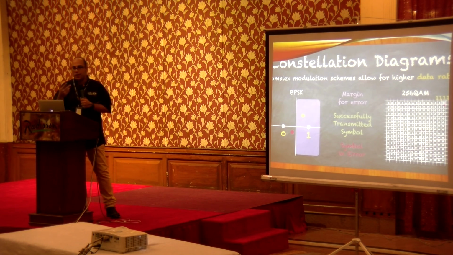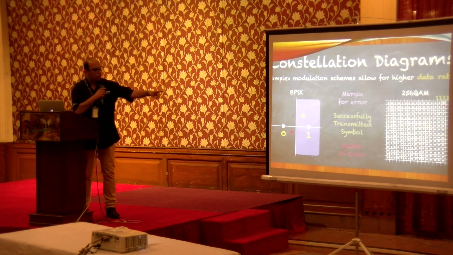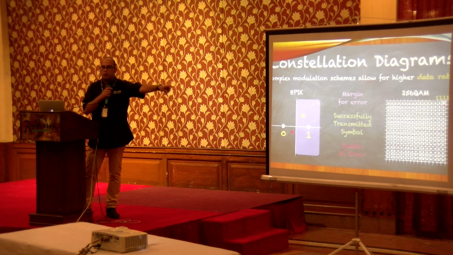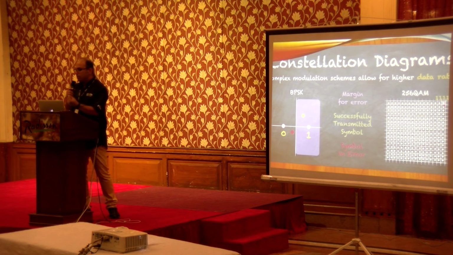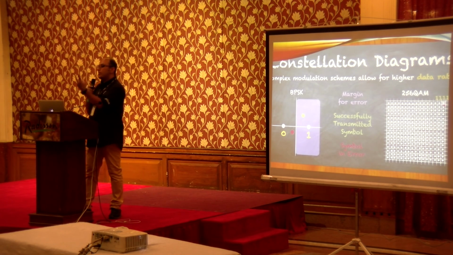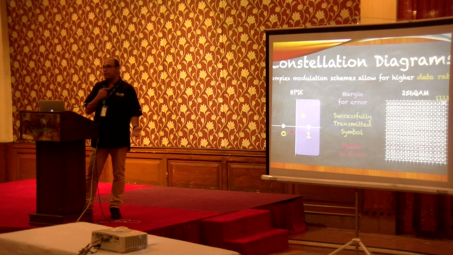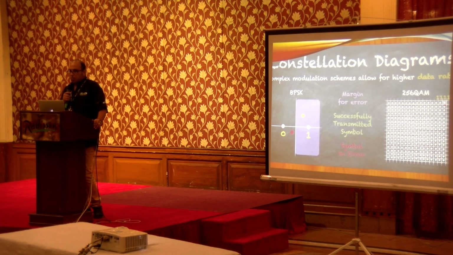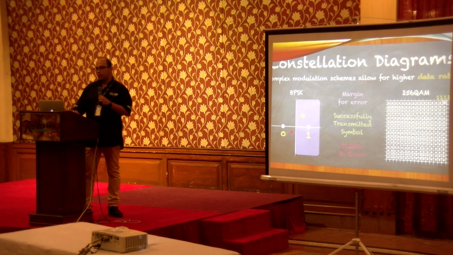Binary means at the same time you are transmitting 2 symbols. This is the first one, 0 the first one, 1 the other. In BPSK modulation, at the same time, you are transmitting 2 symbols. Each symbol can have 1 bit. This is BPSK, the lowest modulation rate in wireless technology.